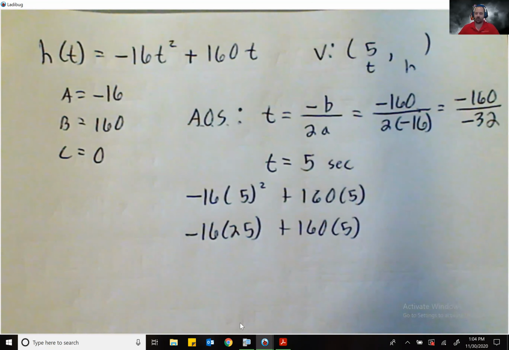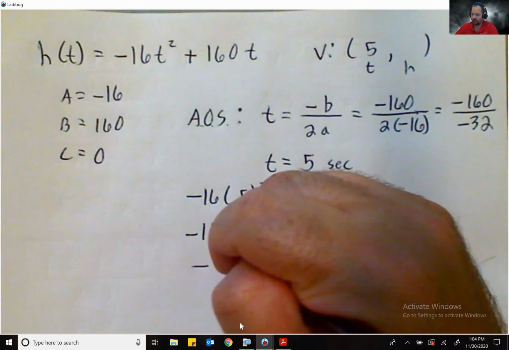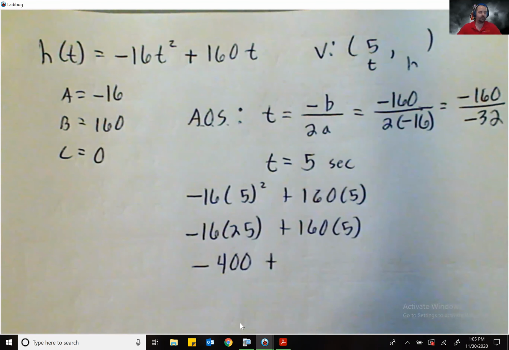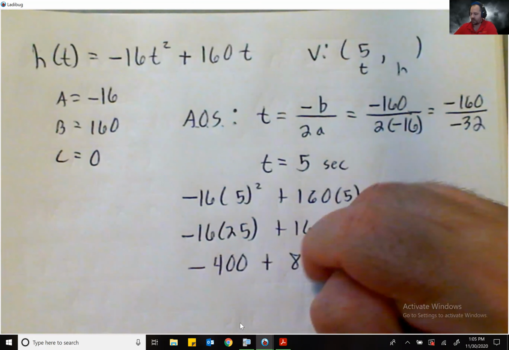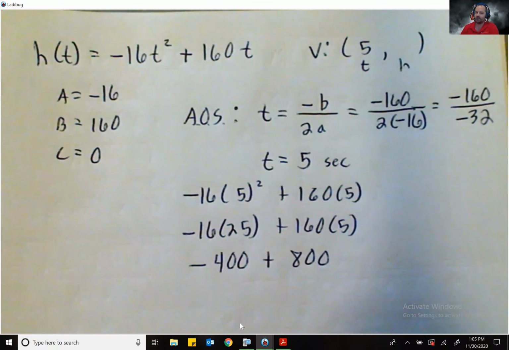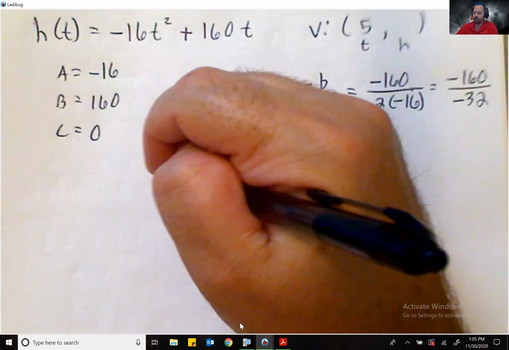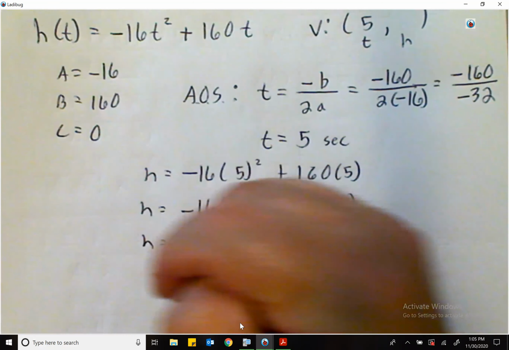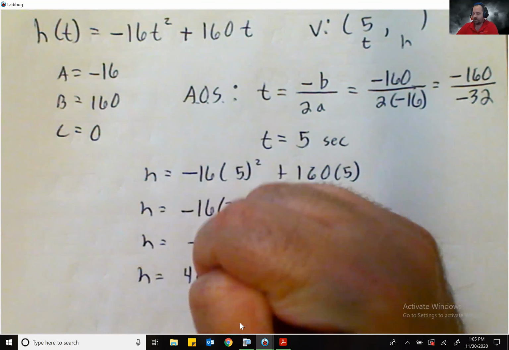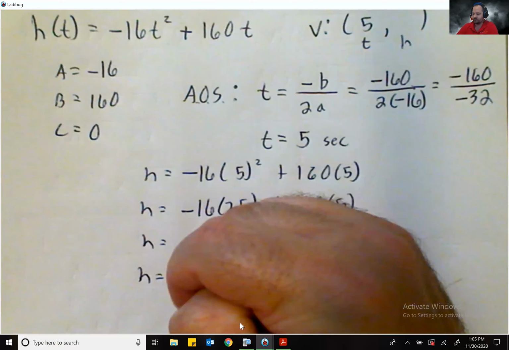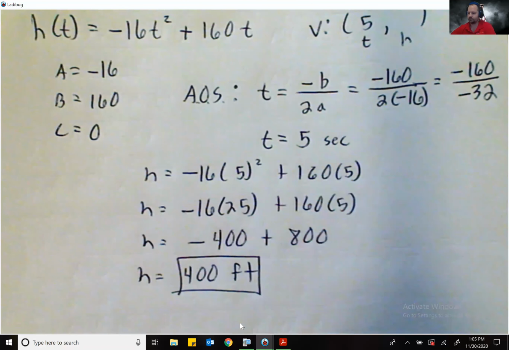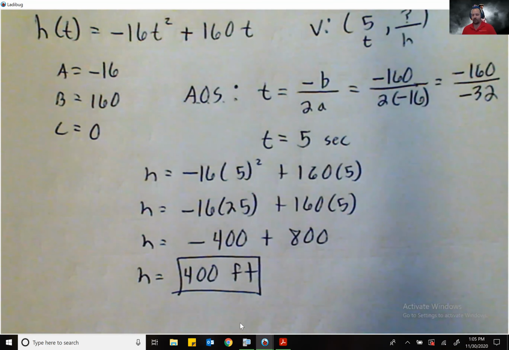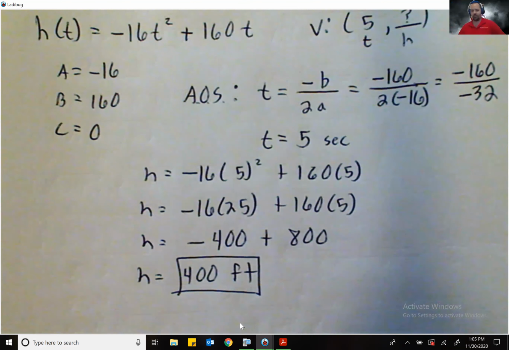Negative 16 times 25 is negative 400, plus 160 times 5 is 800. So what is h? 400. You got it. 400 feet. That is the maximum height the pebble will reach.